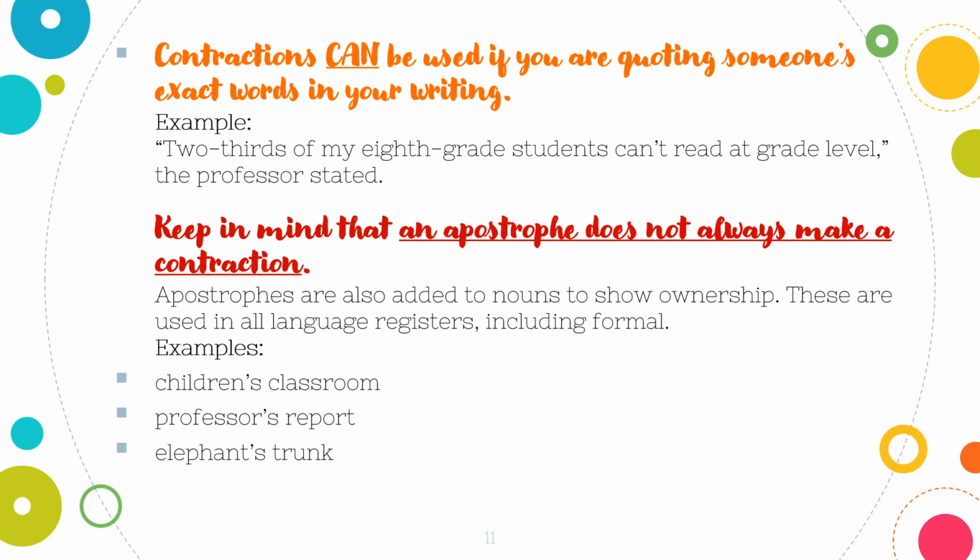Keep in mind that an apostrophe does not always make a contraction. Apostrophes are also added to nouns to show ownership. So these are used in all language registers, especially in formal. For example, children's classroom, professor's report, elephant's trunk.